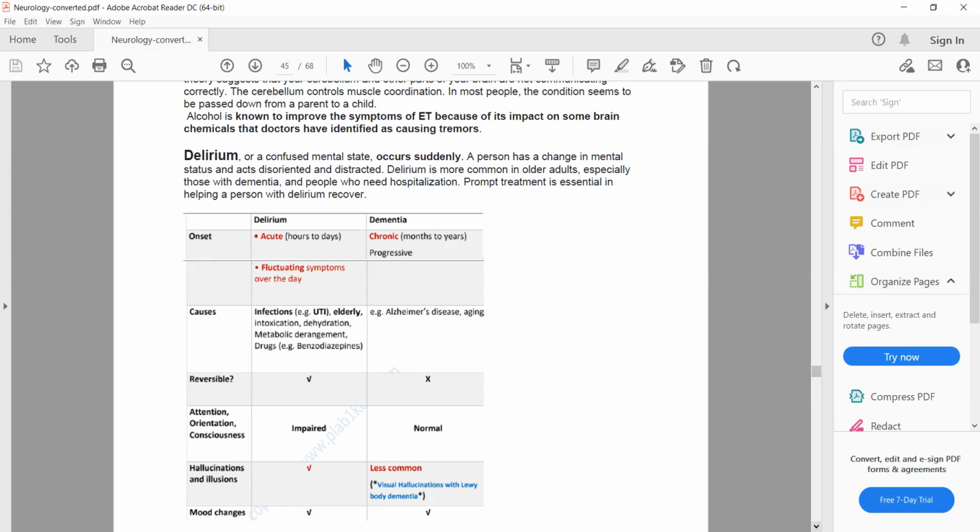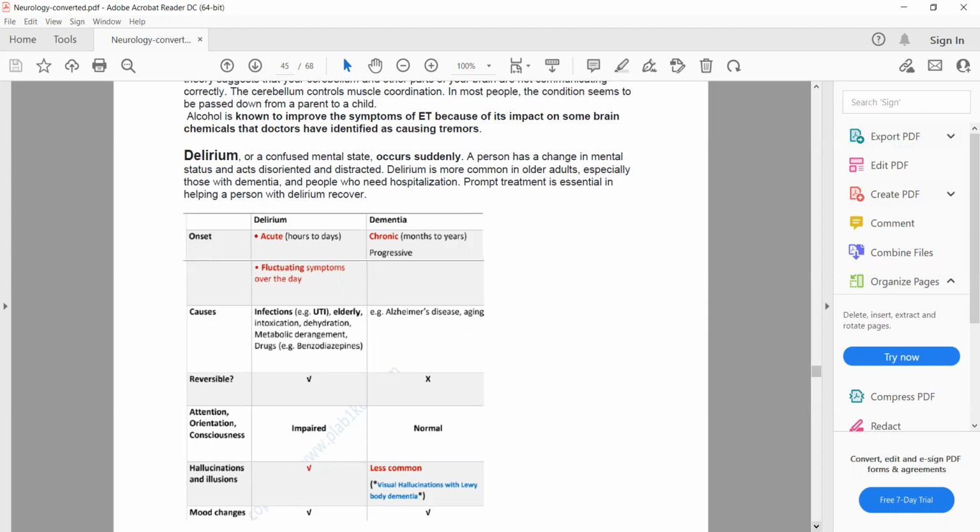So delirium is basically a confused mental state that occurs suddenly. In an old age patient, a confused mental state that occurs suddenly is called delirium.